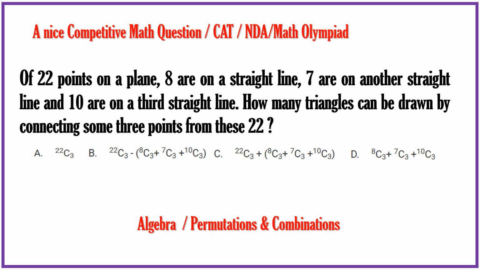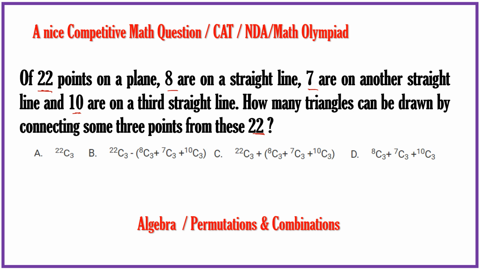Question is of 22 points on a plane, 8 points are on a straight line, 7 are on another straight line, and 10 points are on third straight line. How many triangles can be drawn by connecting some 3 points from this 22?